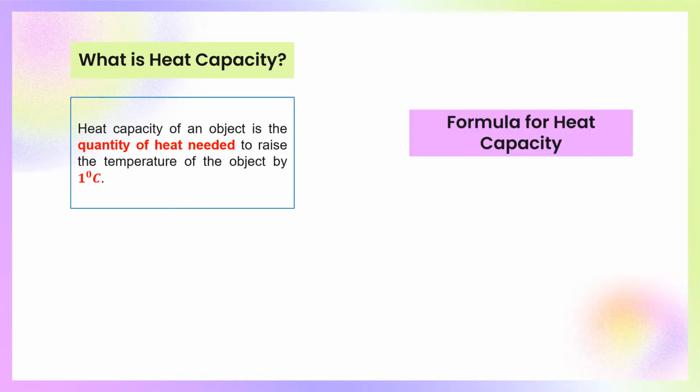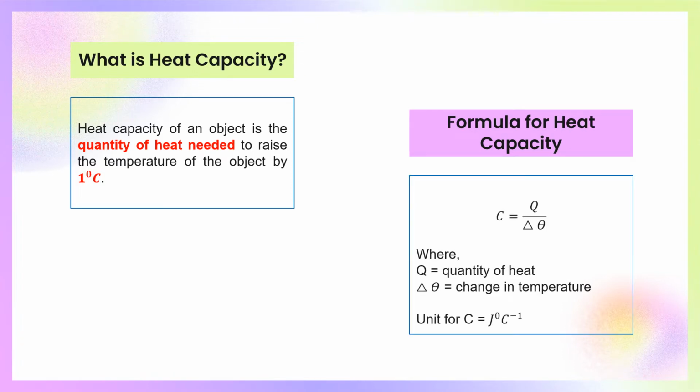Okay, the formula for the heat capacity: capital C is equal to Q over change in theta, where Q is quantity of heat and change in theta is the change in temperature. The unit for the heat capacity is joule per degree Celsius.